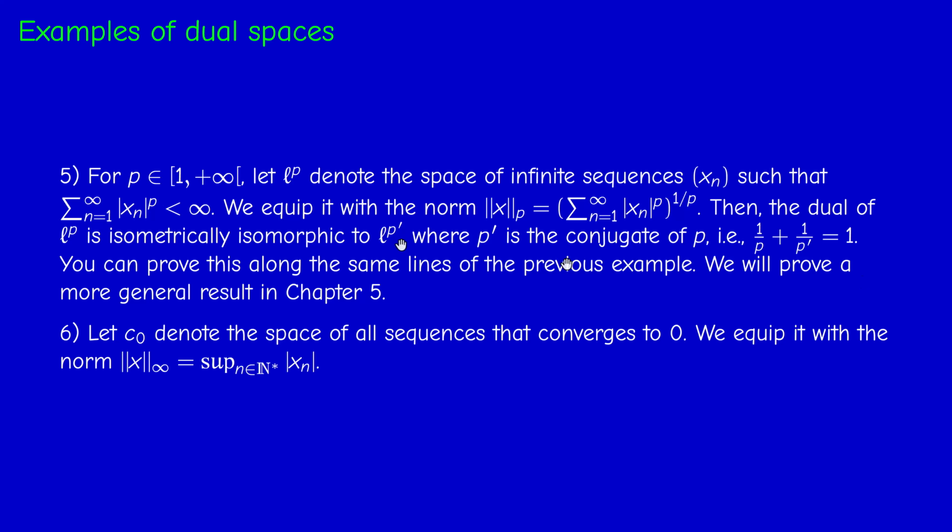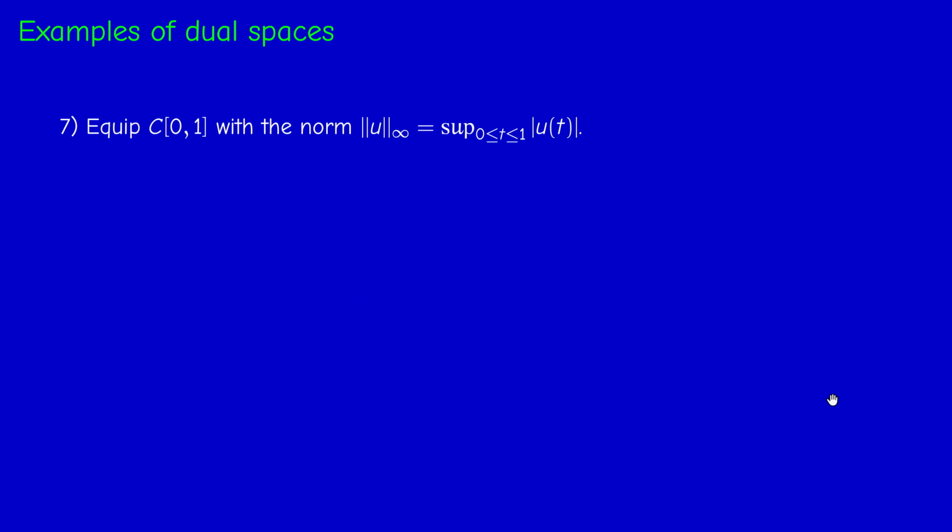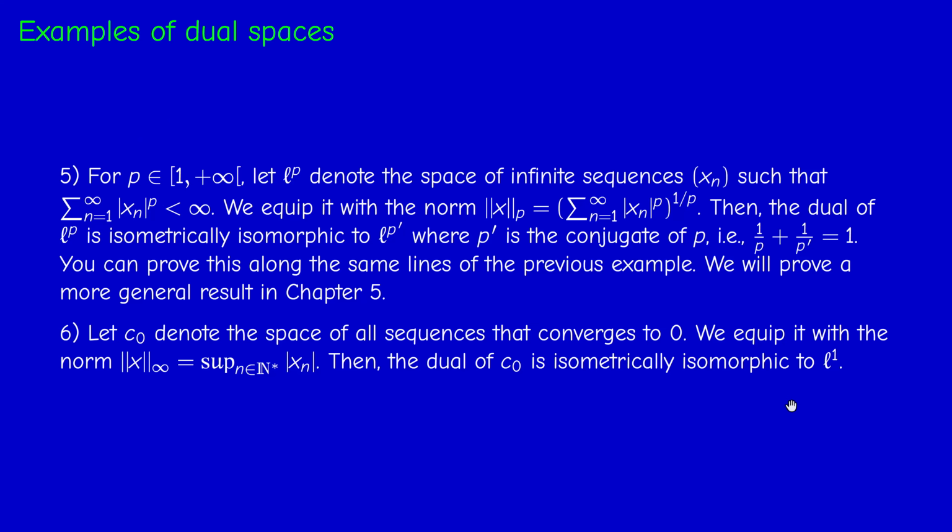Okay, and we equip it with the infinity norm. So c sub 0 is actually a subspace of L infinity, because a convergent sequence is bounded. Okay, and now the dual of c0 is isometrically isomorphic to L1, and it's exactly the same thing.